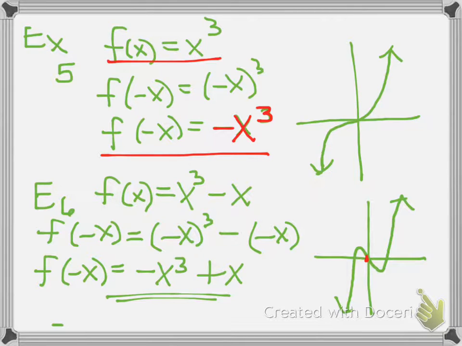When I do a negative times a negative, I get positive. Okay, look at this. This is cool. This is opposite of what I started with. Here's what I started with: x cubed minus x. This one has the opposite signs: negative x cubed plus x. This is symmetric to the origin.